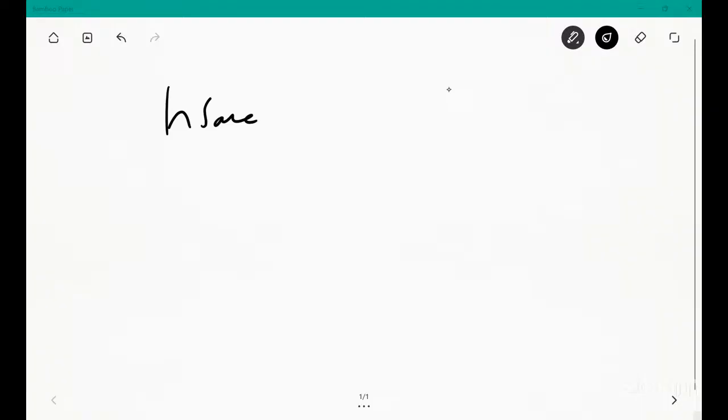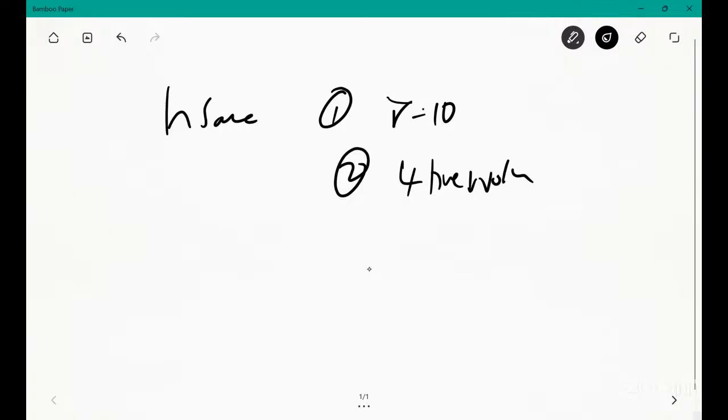One has radius 10. The other has 4 times its volume. So this is one, this is the other one. So they're telling us to find the radius of this one.